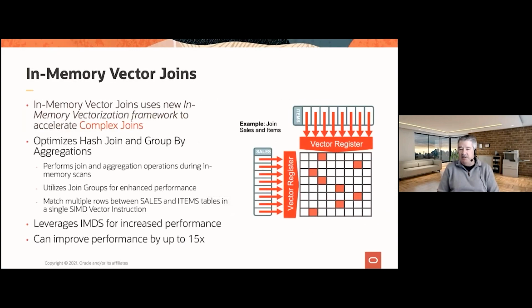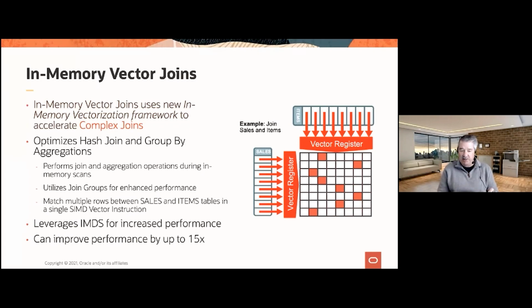So the first thing I was going to try to talk about was in-memory vector joins. This is actually part of what we call an in-memory vectorization framework, and we're planning on adding more features to this framework. The first one is in-memory vector joins. We've talked about hash joins and vector group bys in previous sessions.